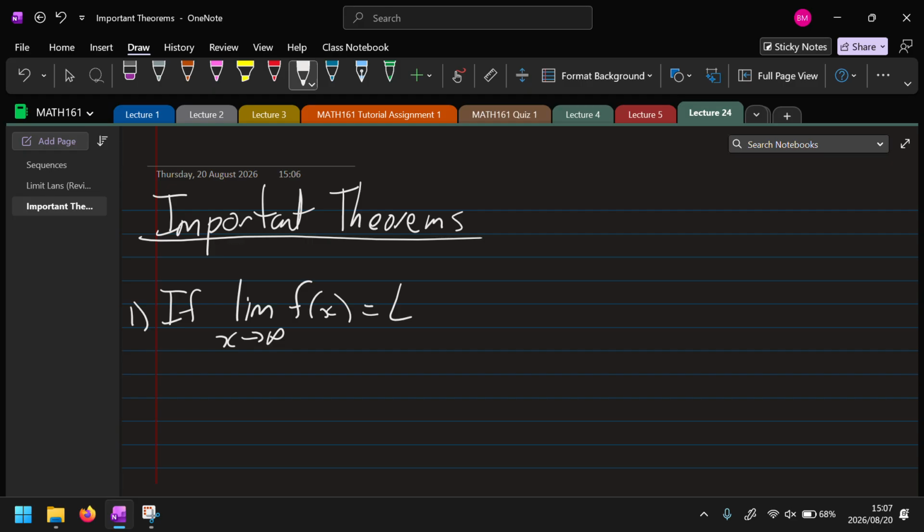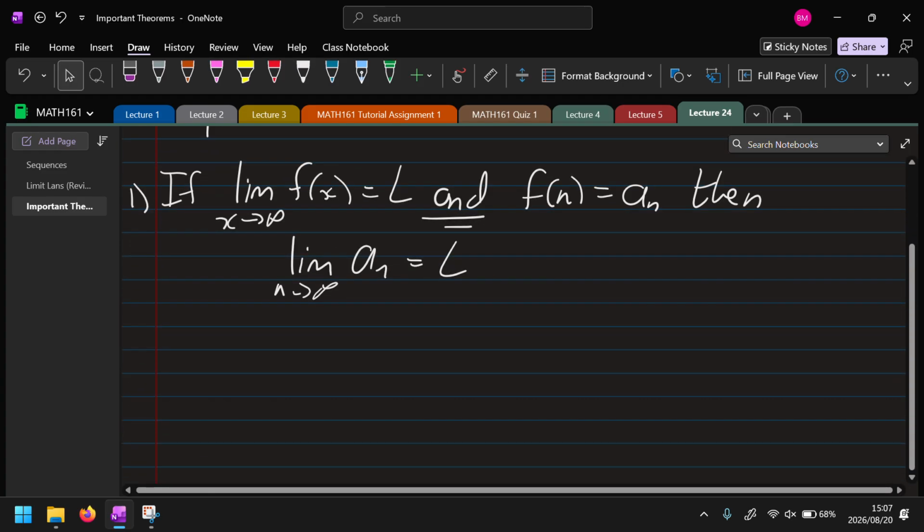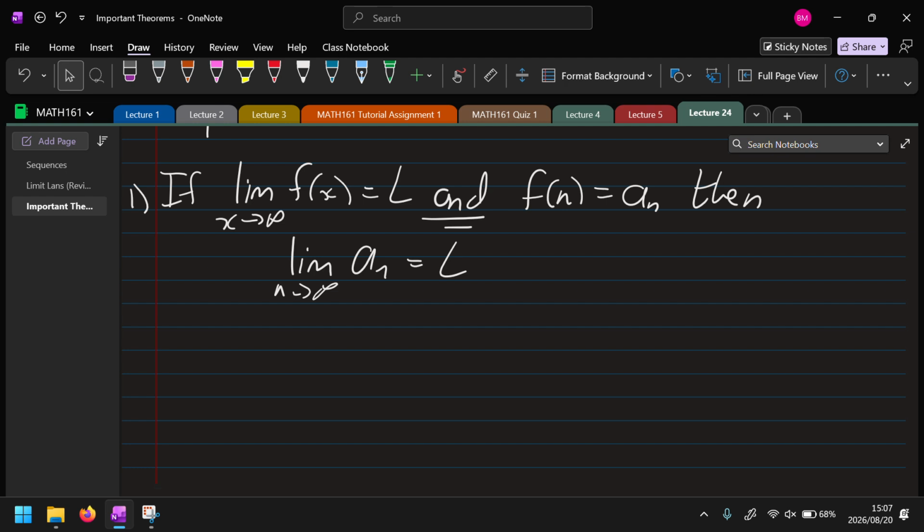So if the limit as x goes to infinity of f of x is L, and f of n equals a sub n, then the limit as n goes to infinity of a sub n is also L. Looks a bit confusing, but once we draw the picture, it will make perfect sense.